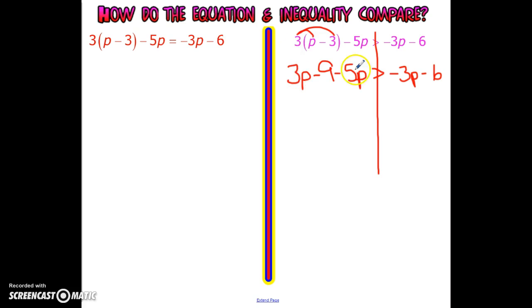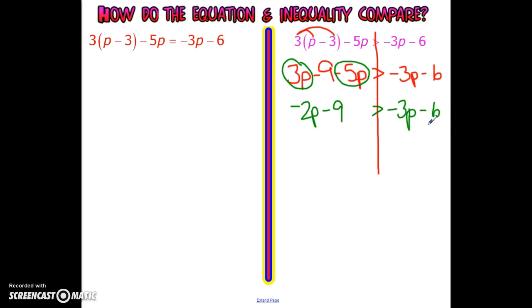From here, we have some terms to combine. 3p minus 5p would be negative 2p. Minus 9 is greater than negative 3p minus 6.